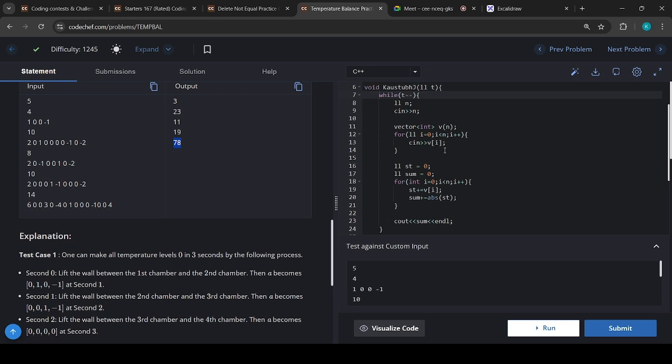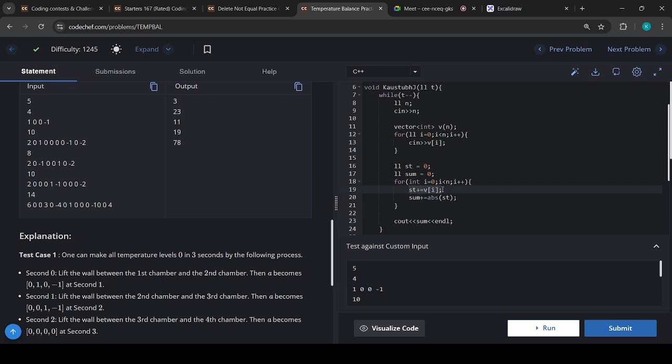So I have taken first a number, taken the first number as 0, and also my answer is 0, and I am adding the array elements and taking the absolute of your number which is updated.